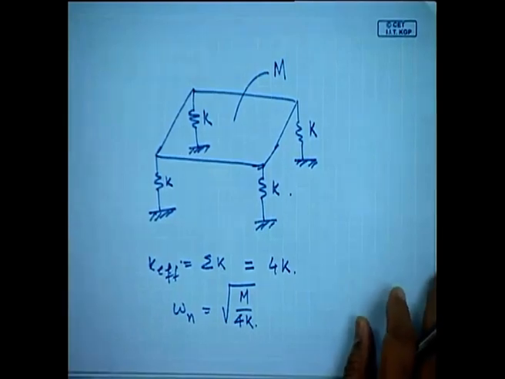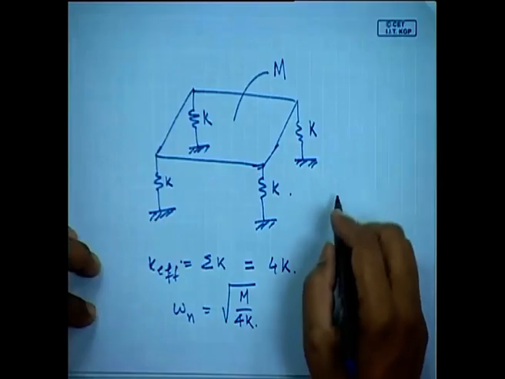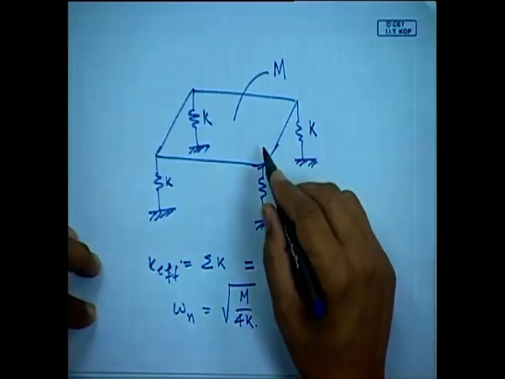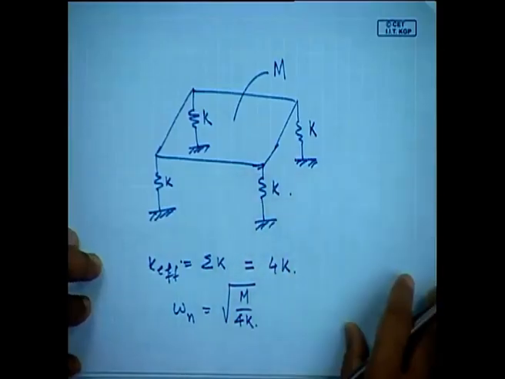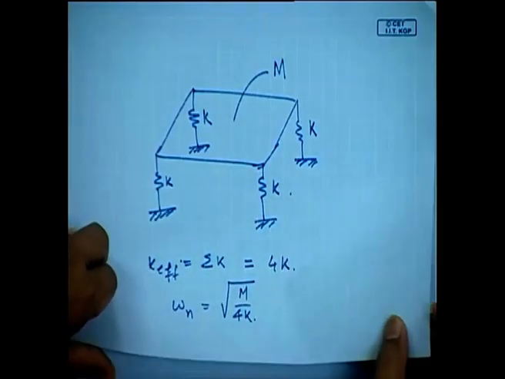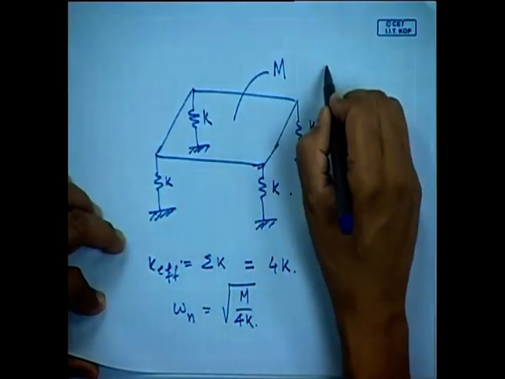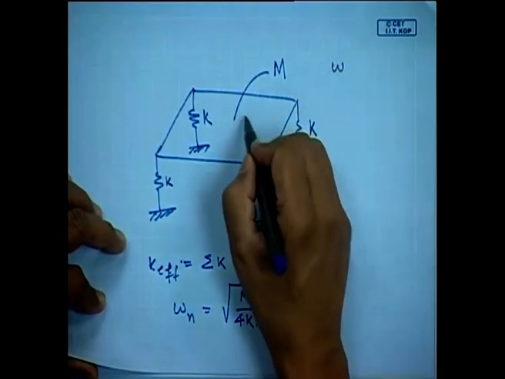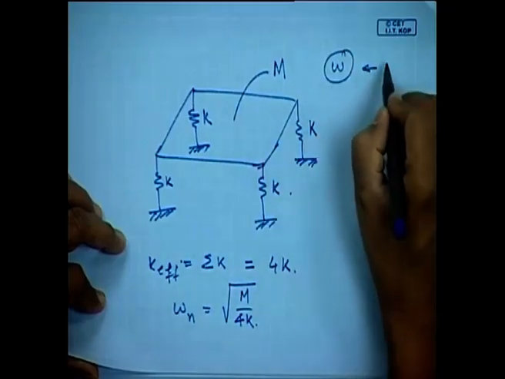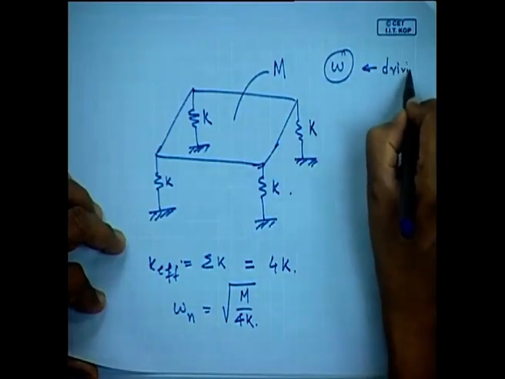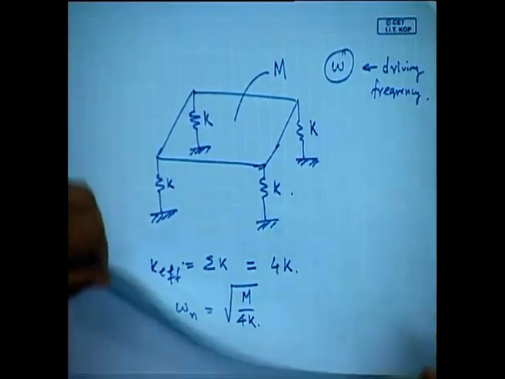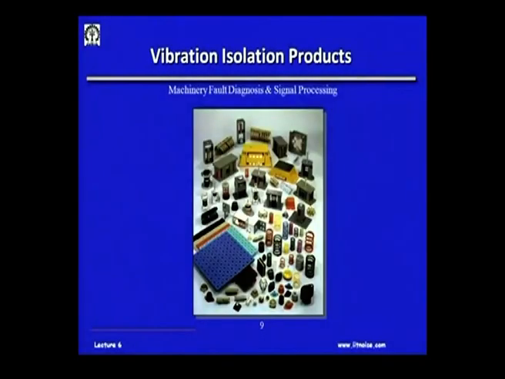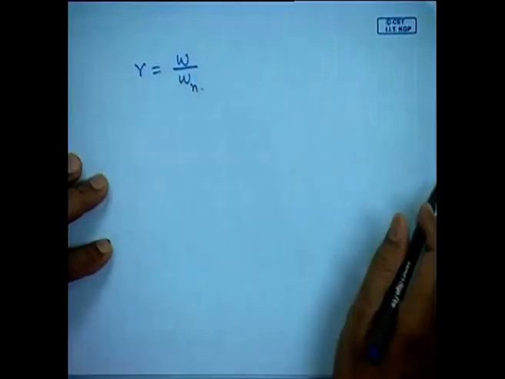Now, imagine the question is what is the motion, or the vibration, which is transmitted to the ground because of this system. This system, say for example, is rotating at a certain speed omega. There is a rotating component which is rotating at a speed omega, and which is known as the driving frequency. So, we will define a ratio r equal to omega by omega n.